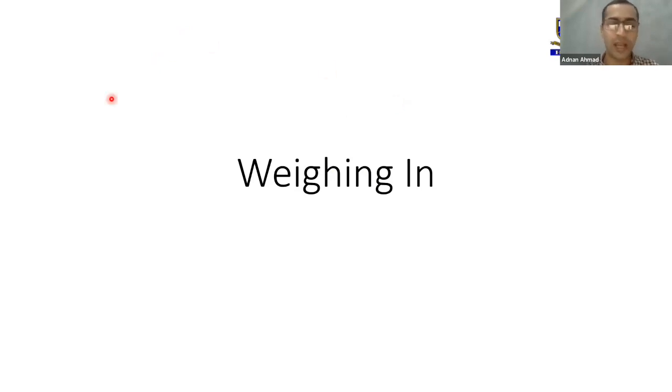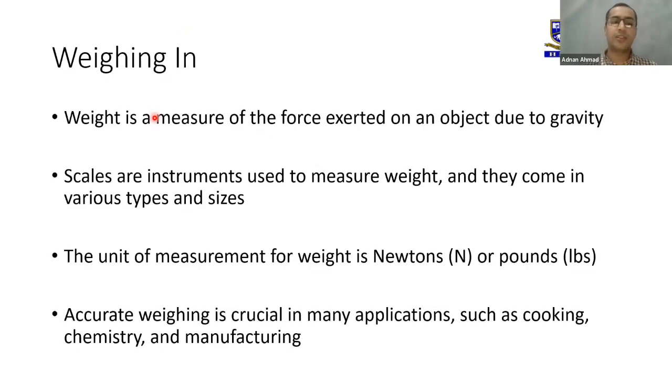Or if you know, you can type in the comments. So weight is a measure of the force exerted on an object due to gravity. Okay, what is gravity? Gravity is a force that attracts us towards the center of the earth.